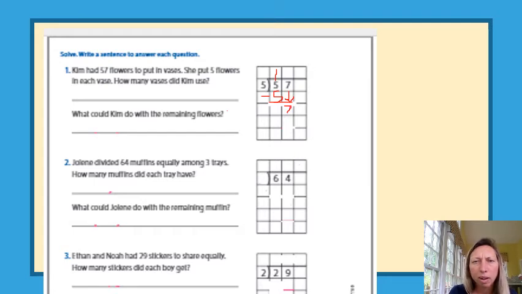All right, 7 divided by 5, that's once. 1 times 5 is 5. And when I subtract, I get 2 left over. My remainder is 2. All right, so how many vases did Kim use? 11 vases.